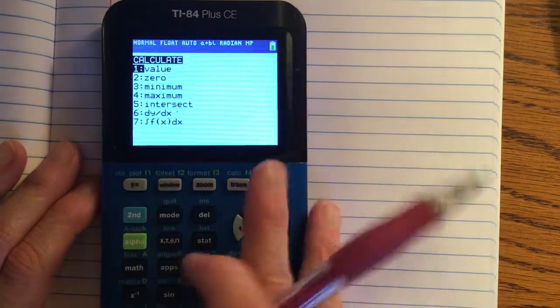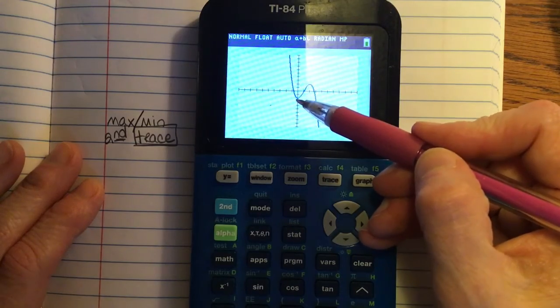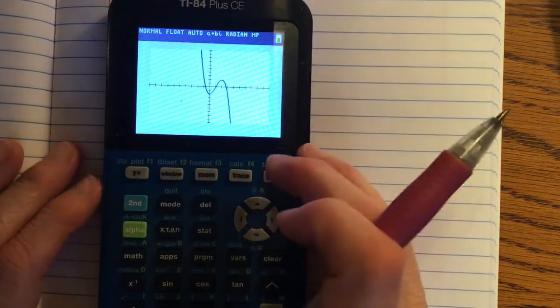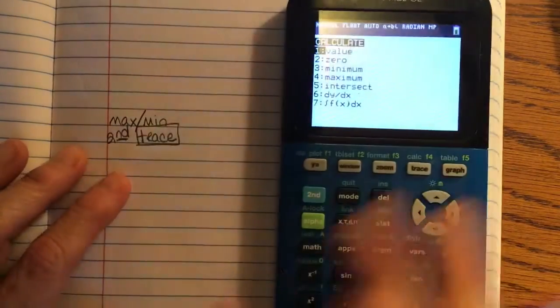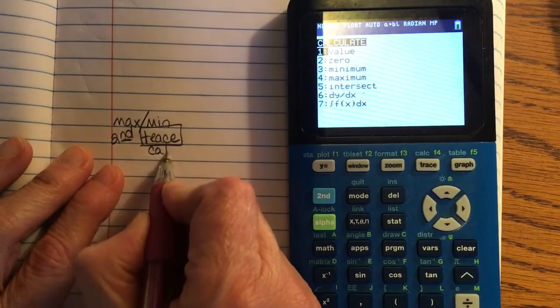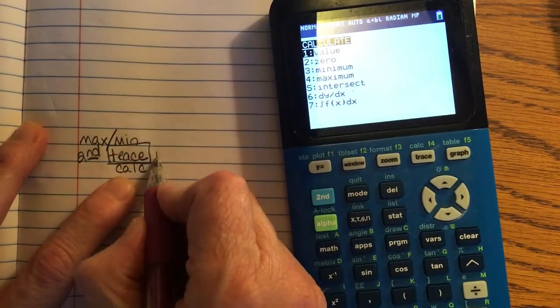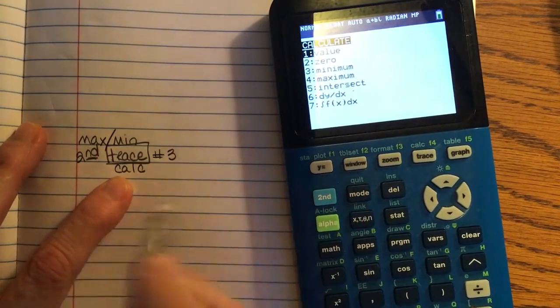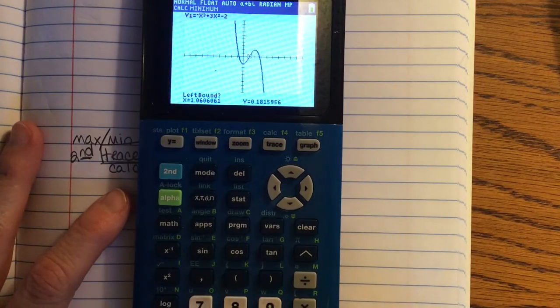But we want to know if we're going to do this first one. Let me go back to the graph. I'm going to do that as a minimum. So we're going to calculate the minimum. So second calc is what we usually call it. I'll put that on here. And we're going to go to number 3. And I think you can just arrow to it or hit the 3 and hit enter.